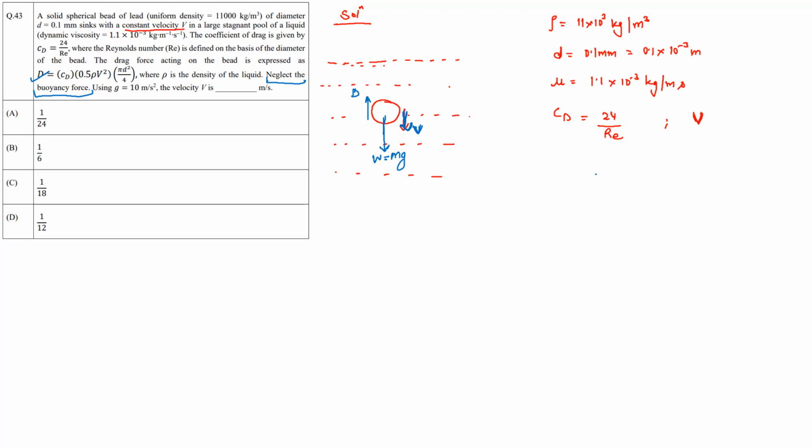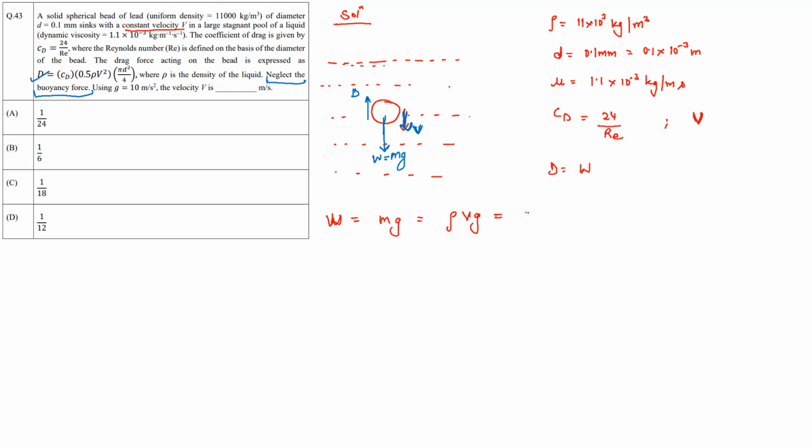Right, so if that is the case, then it's just a matter of balancing these two forces, and they'll just be saying D is equal to W. But let's first see what W is. So this is our force balance equation, and W is simply m times g, or you can call it rho times volume times g.